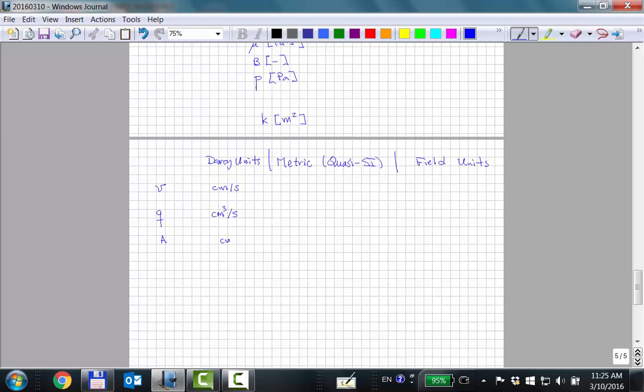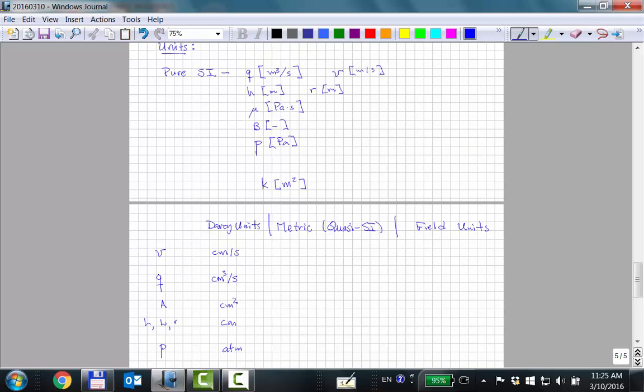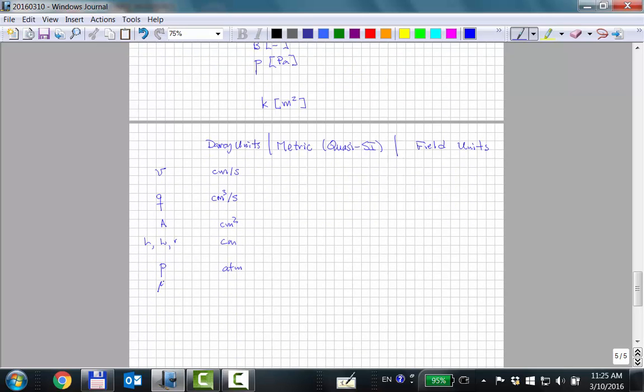Area, square centimeters. Length, would be R, for example, and H, centimeters. Pressure, atmospheres. And they didn't deal with viscosity, centipoise.